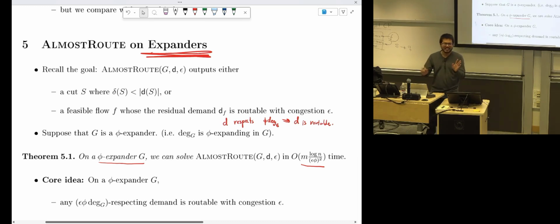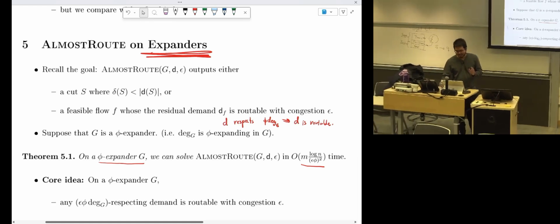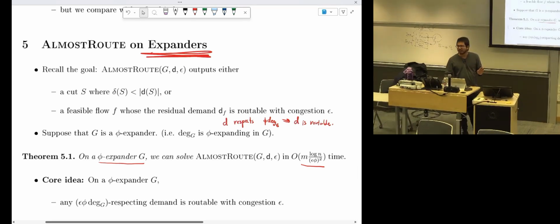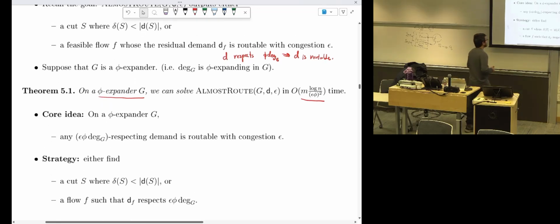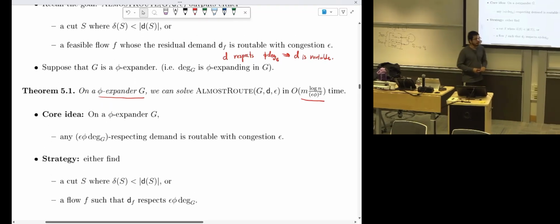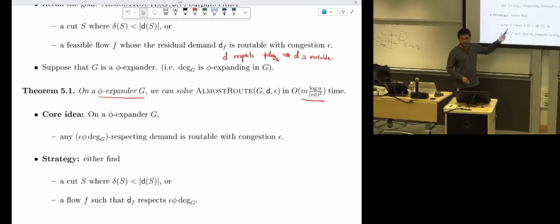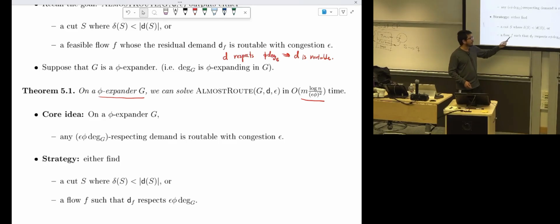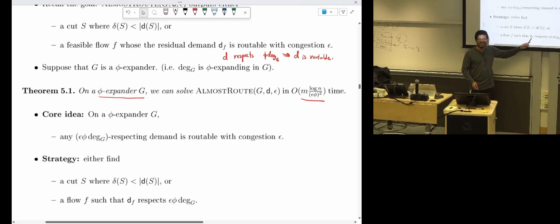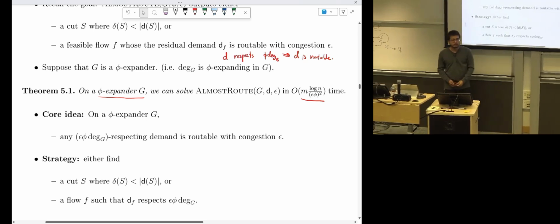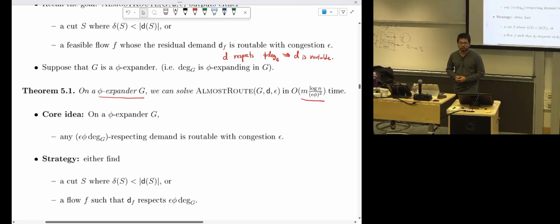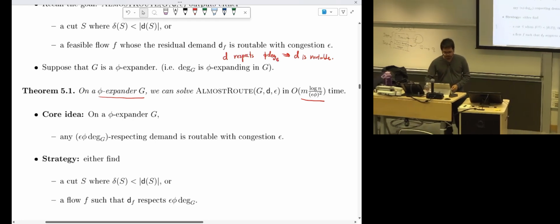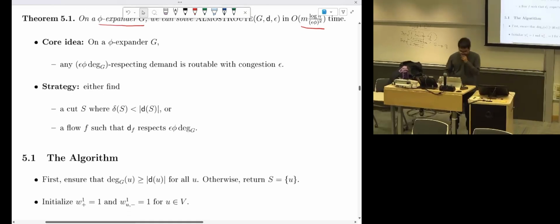It's something that we are so familiar with. So now the strategy is that we're going to get an algorithm that either returns a violating cut or returns a flow such that the residual demand respects epsilon phi degree. If we can do this, then we are done. Okay. So now here's the algorithm.